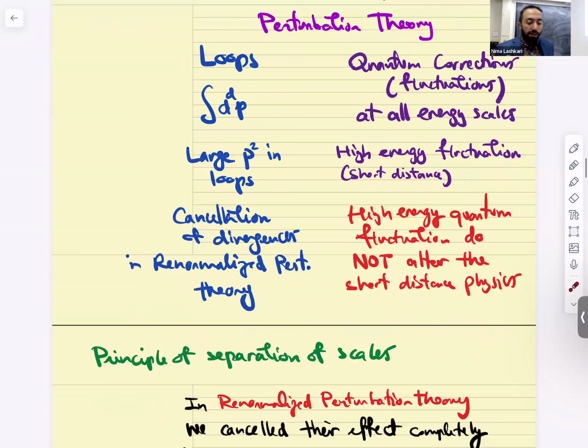The whole point of renormalized perturbation theory was to establish that you could cancel the divergences by appropriate counterterms, by adjusting the couplings, by shifting the couplings. This means that high energy quantum fluctuations do not alter the long distance physics.